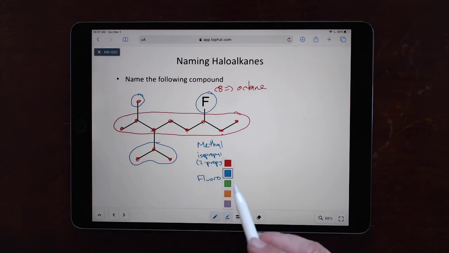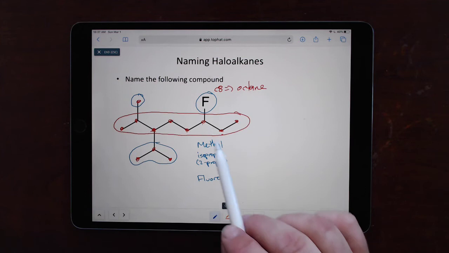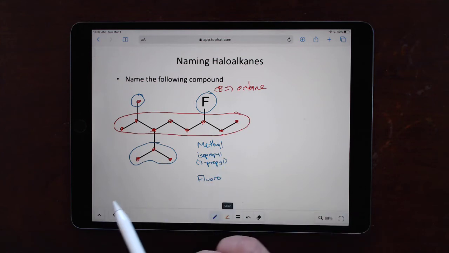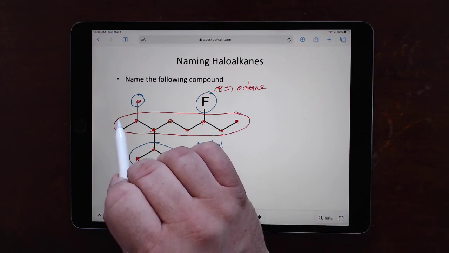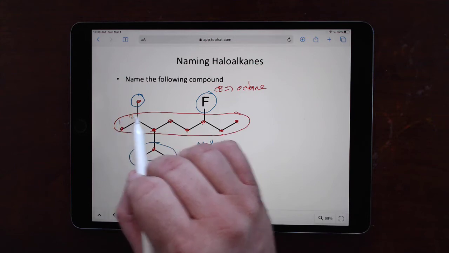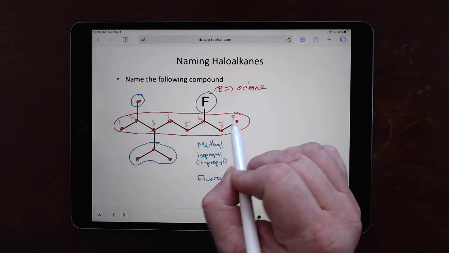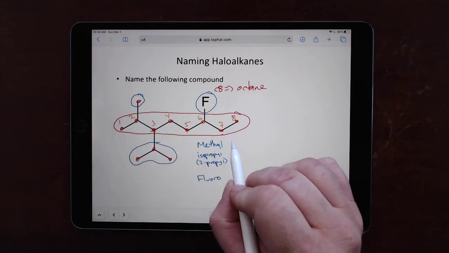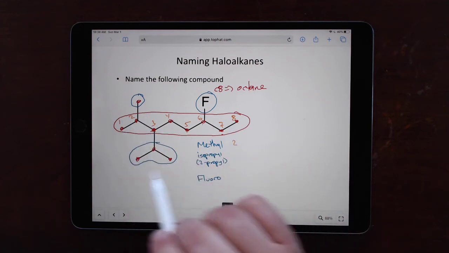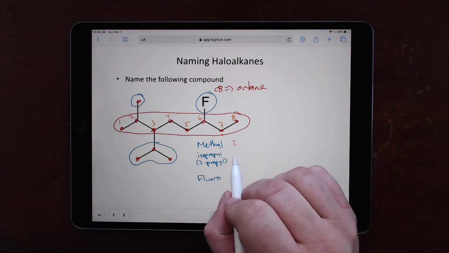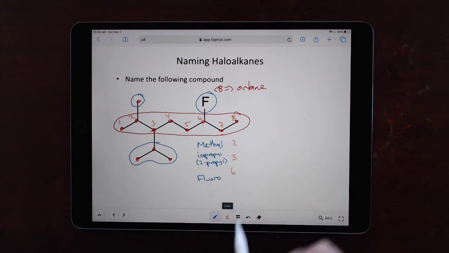Okay, so we've got our side chains. Now we need to get the numbering. For this one, we need to start on the left side. So 1, 2, 3, 4, 5, 6, 7, 8. So the methyl's hanging off of carbon 2. This isopropyl or 2-propyl group is at 3, and the fluoro is at 6.